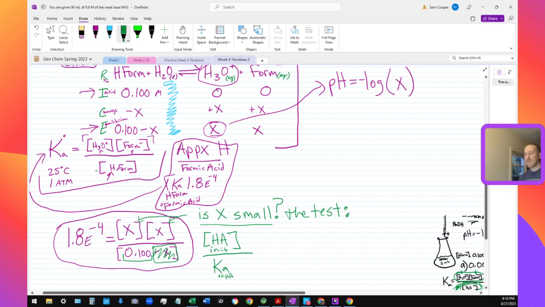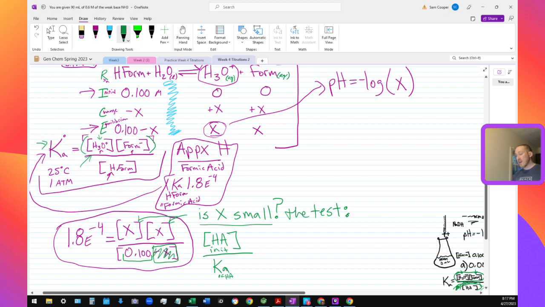The Ka of that weak acid, as sort of shown by this expression, indicates how much it will ionize, how much it will dissociate and fall apart and create hydronium, which is essentially acidity. So the bigger the Ka, the more it does that, the more acidic it is, the stronger the weak acid.